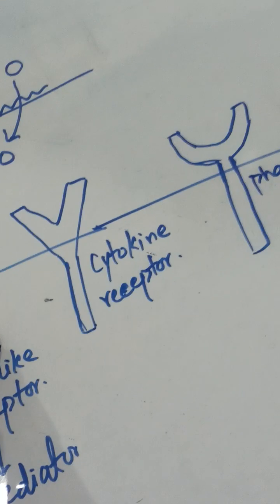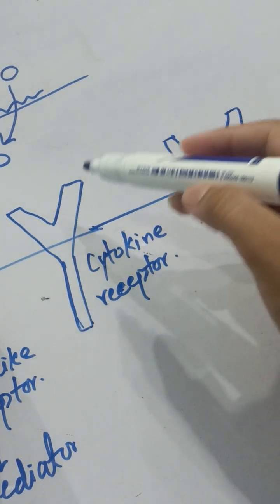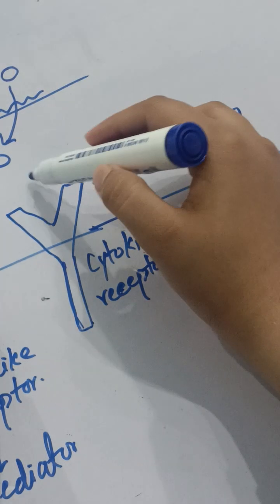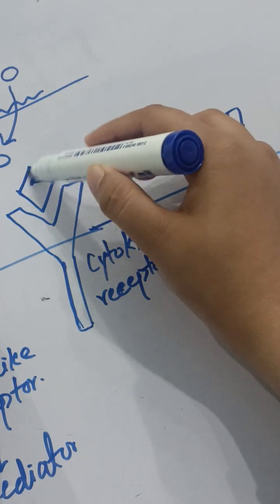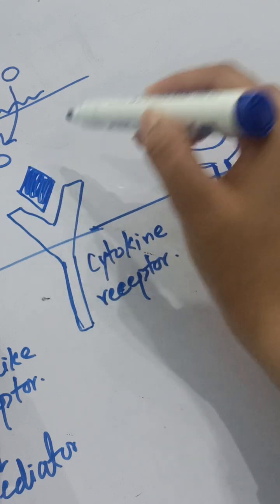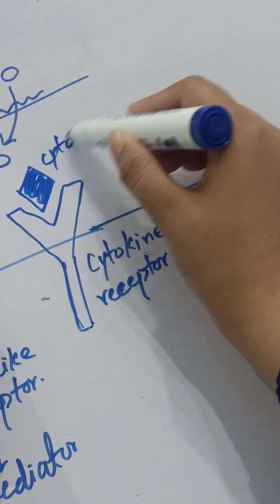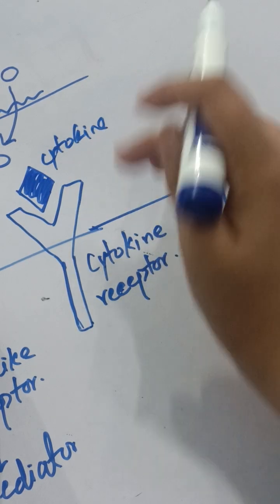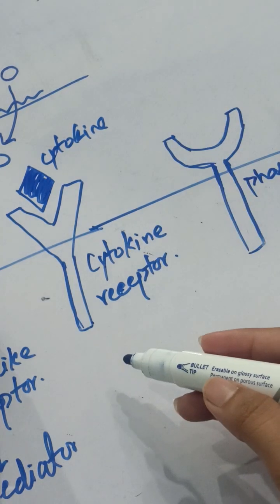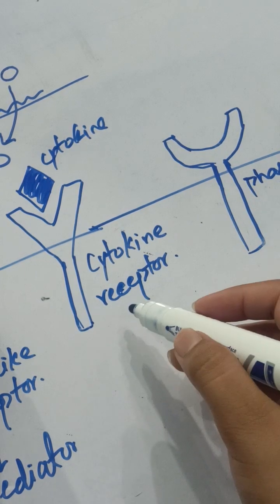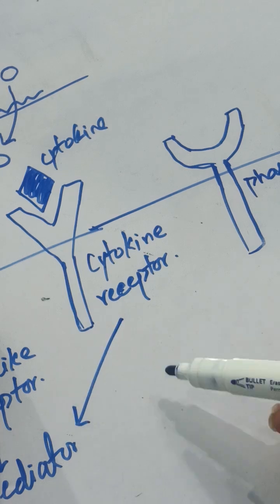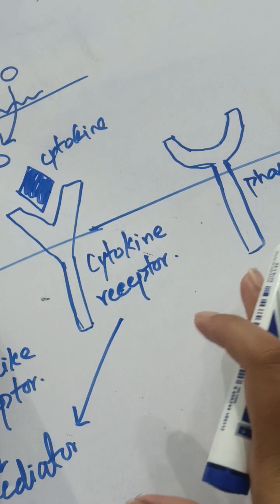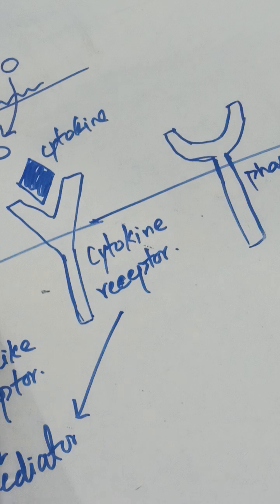The next receptor is the cytokine receptor, and the cytokines are going to bind to it. This is your cytokine, and it will bind with its receptor. It is doing the same thing as the toll-like receptor is doing. It will produce the mediators and regulate your inflammation.